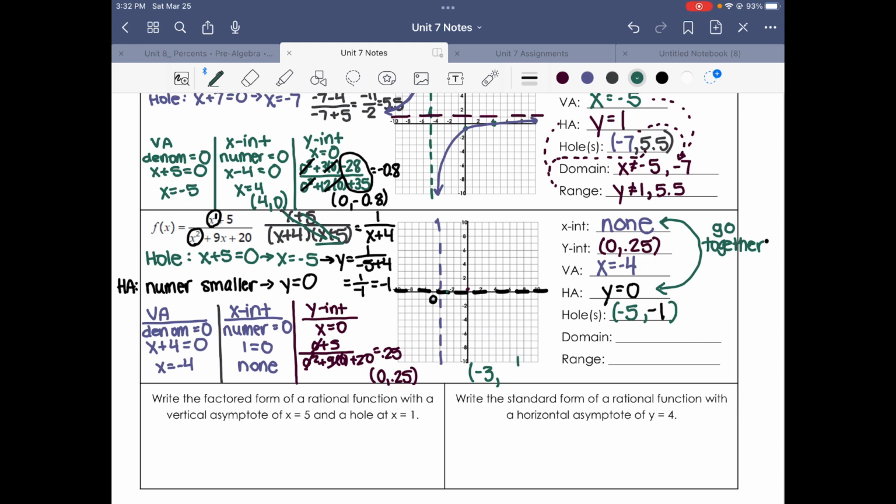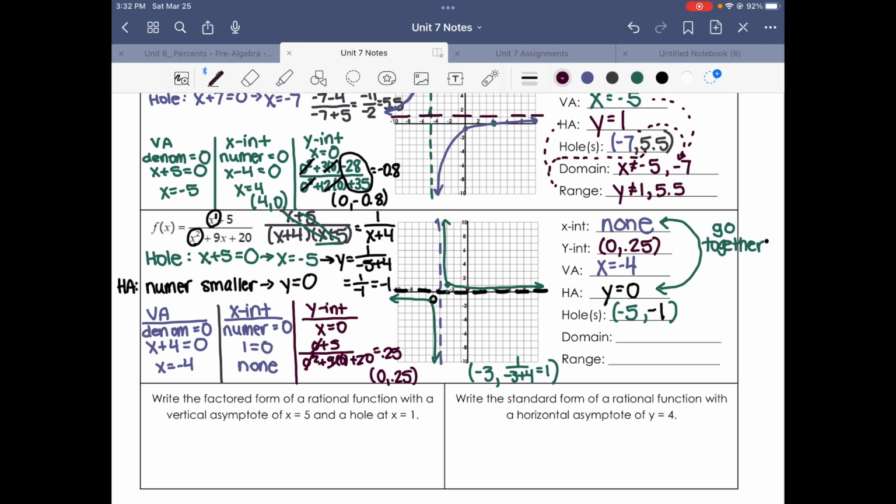That would be 1 over -3 plus 4, which is 1 divided by 1. So the point -3, 1 is also on my graph, and that gives you an extra point to draw your curve through. I don't really need it on the other side though, because I have this point right here in the middle, so it's going to kind of go like that.